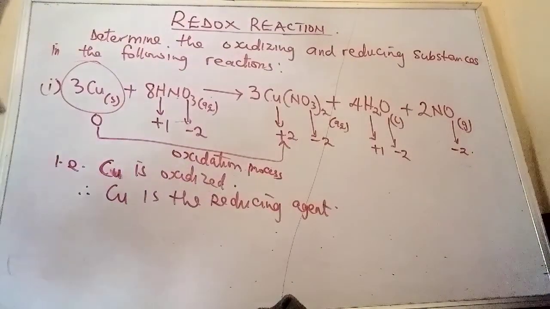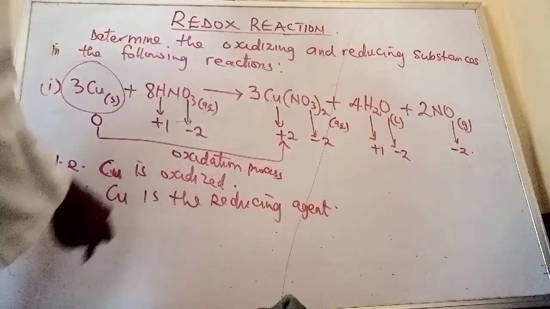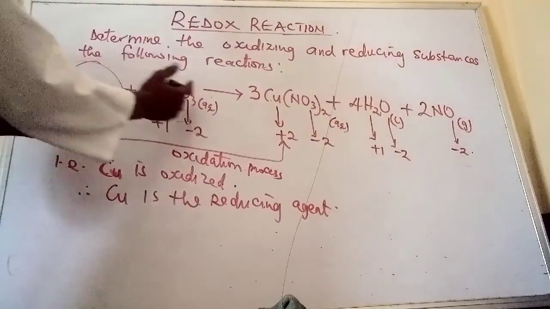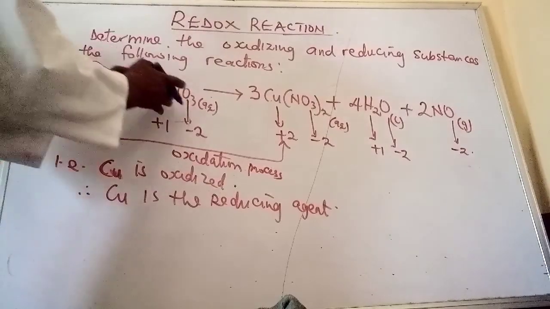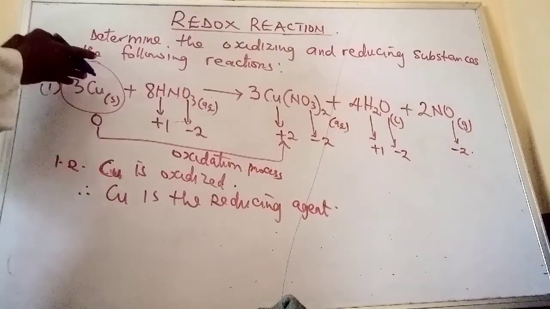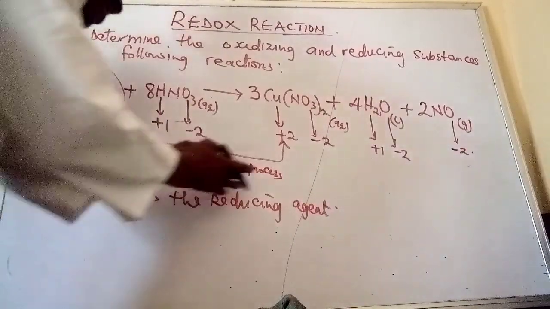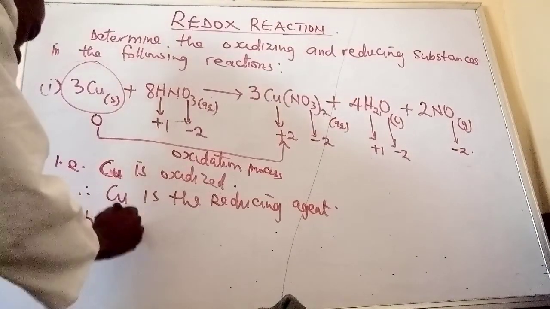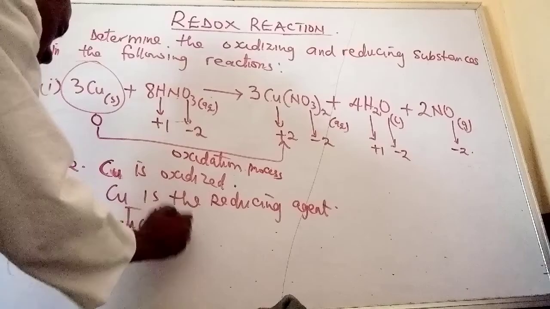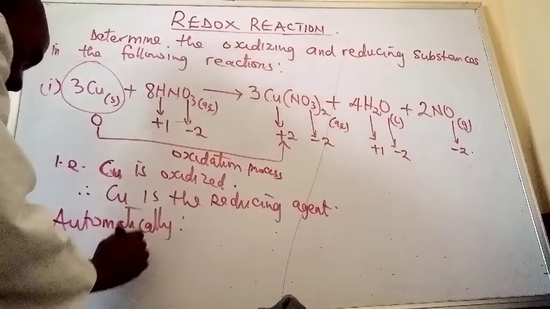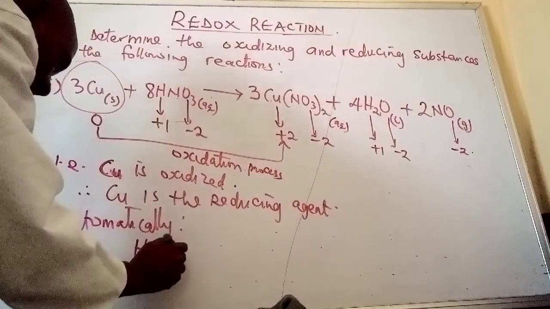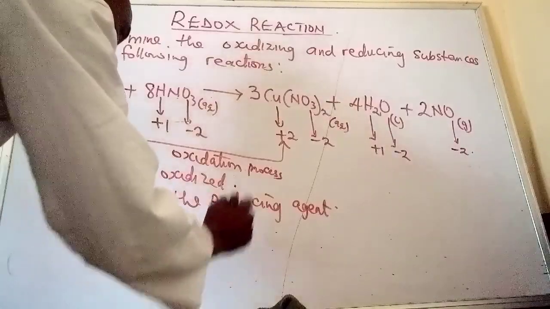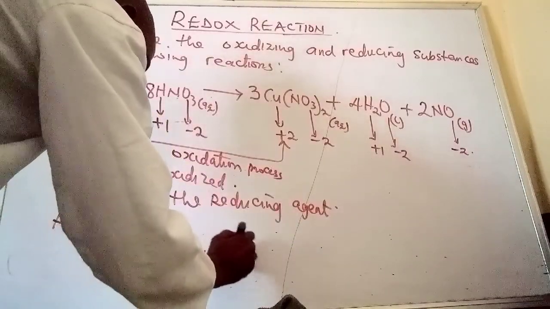So definitely you don't need to bother yourself about how to identify the oxidizing agent now. Since on the reactant side we are having two substances, copper and nitric acid, and since copper has been identified as the reducing agent, automatically HNO3, which is nitric acid, is reduced.